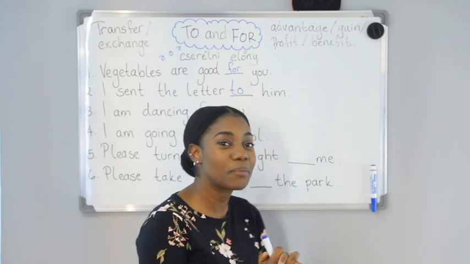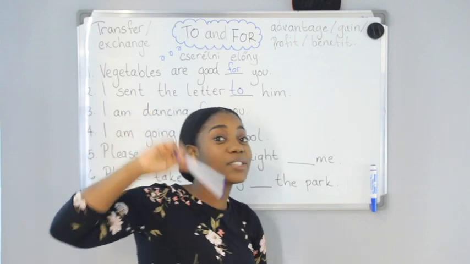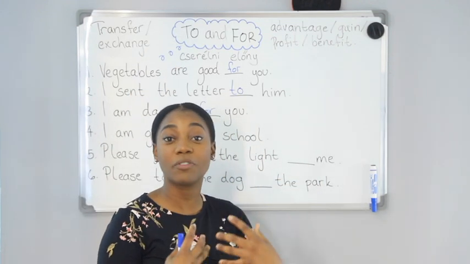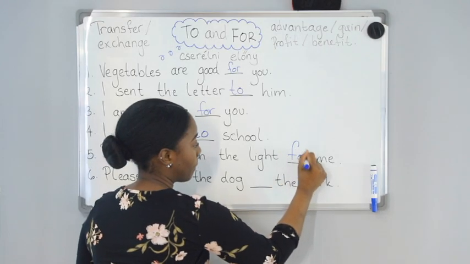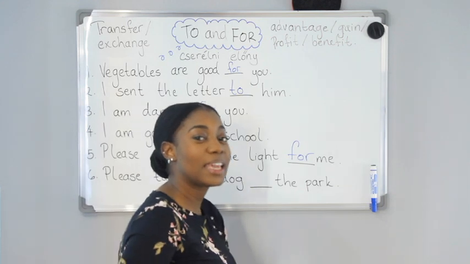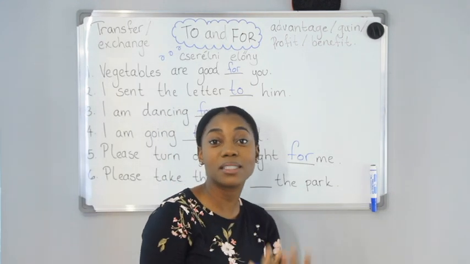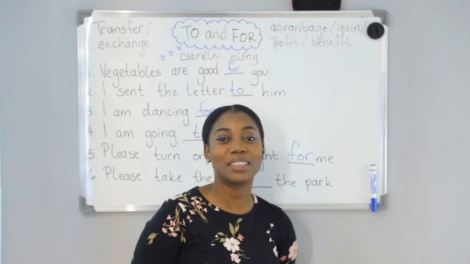I need him to help me as an advantage because he's taller than me. He has to give me the help. He has to provide for me. He has helped me. He has given me a benefit of which I can now read in the dark. Or, well, not in the dark anymore now because he's turned on the light.